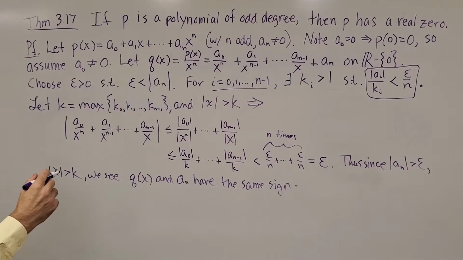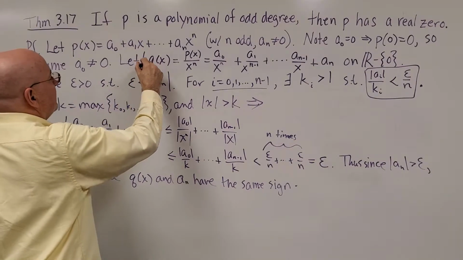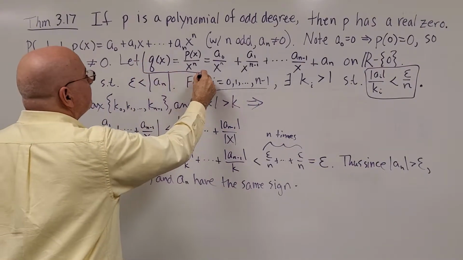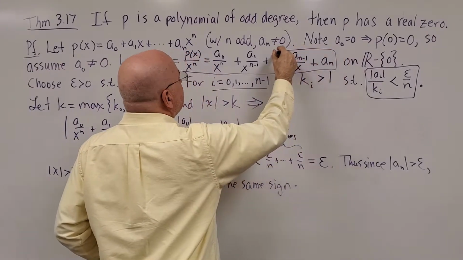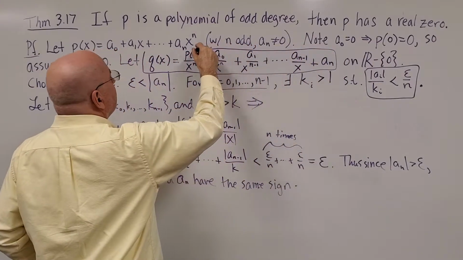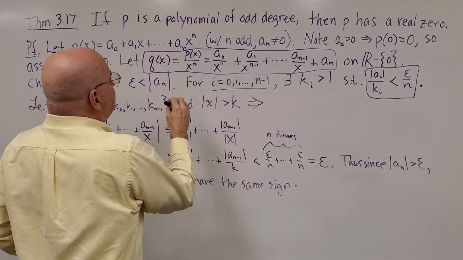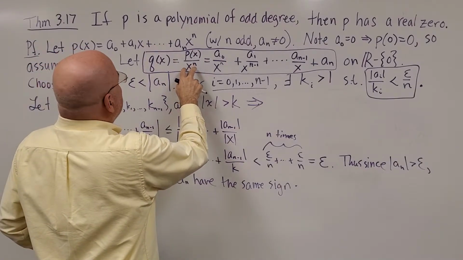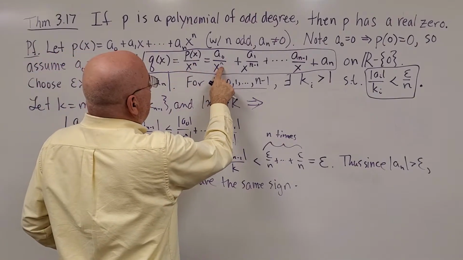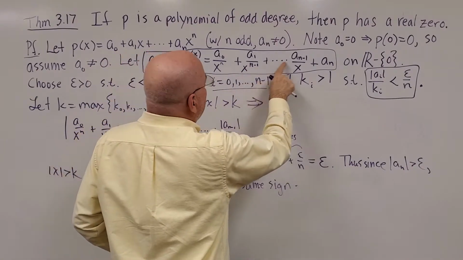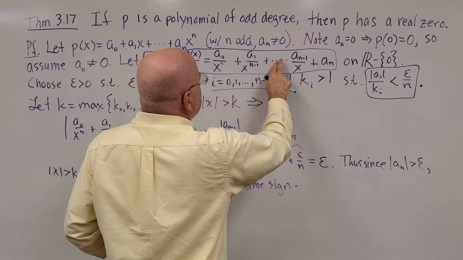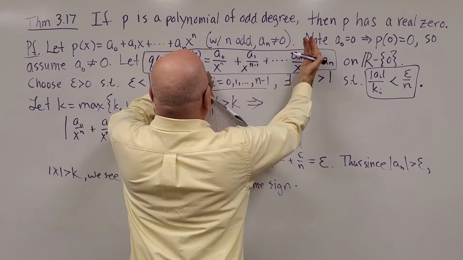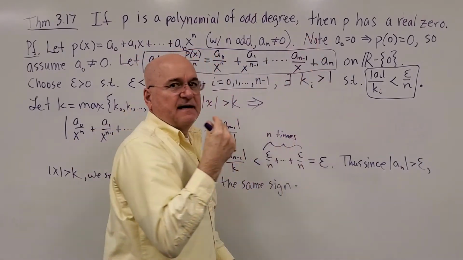And let's see if we can make sure that that's clear. Here's our definition of q of x. If this is really small, and this is really small, and all of these are really small, in other words, these all in absolute values from here to here add up to be less than epsilon.